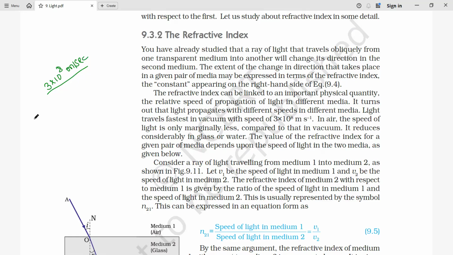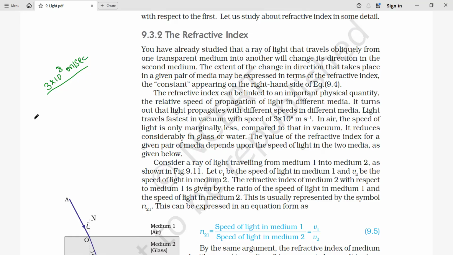The speed of light in the reference medium is kept in the numerator, and the speed of light in the medium for which we are finding the refractive index is in the denominator. On the basis of refractive index, you will also be able to decide whether a medium is rarer or denser.